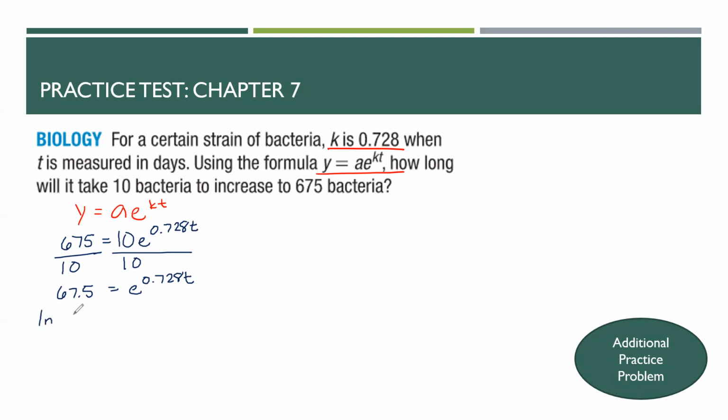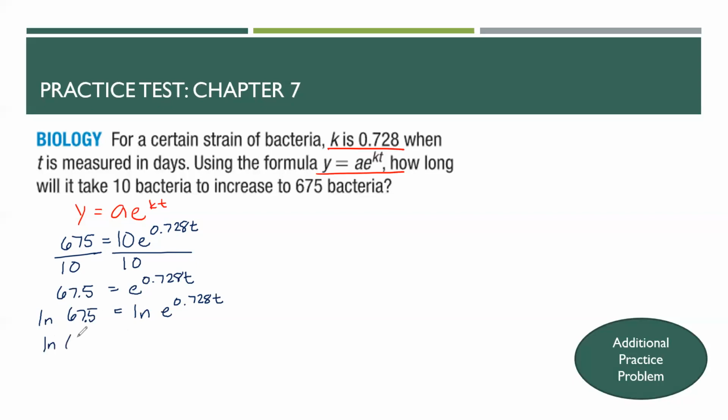So we've got natural log of 67.5 is equal to natural log of e to the power of 728 thousandths times t. So then we're going to use the inverse property.